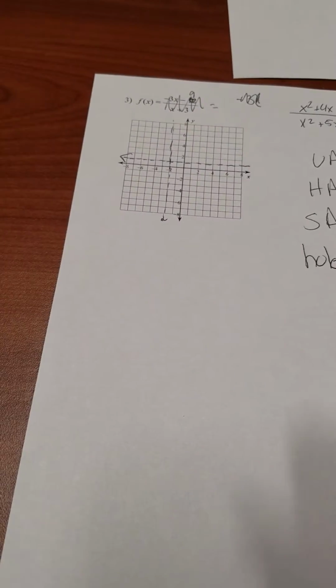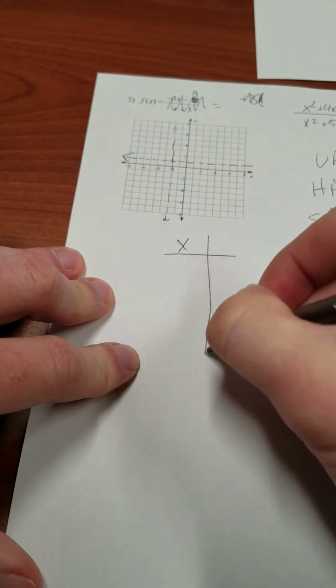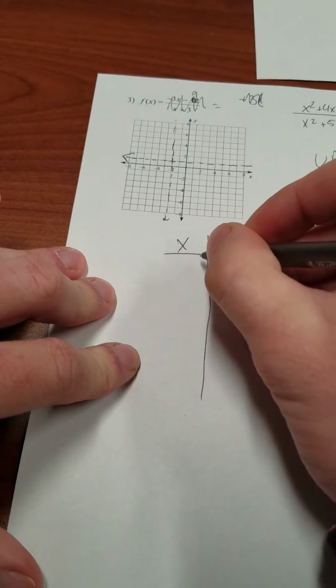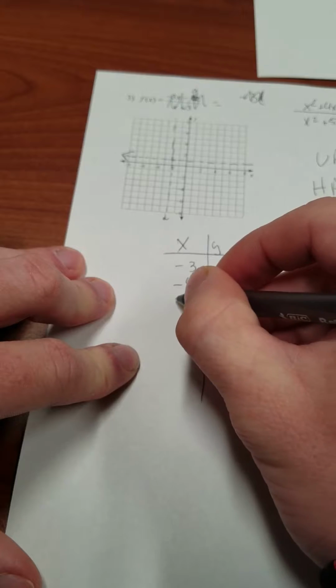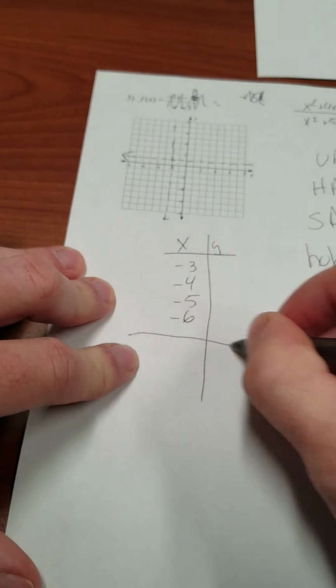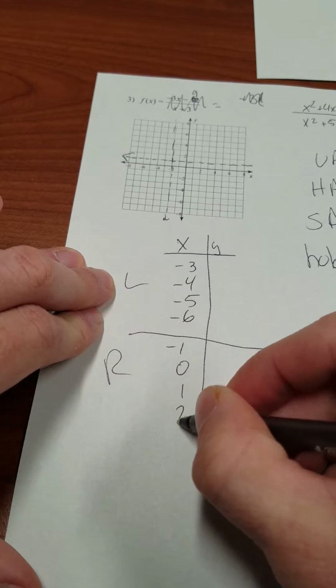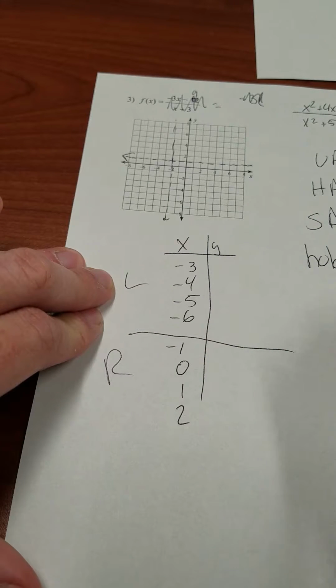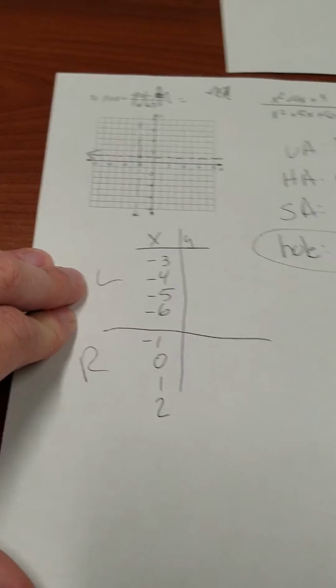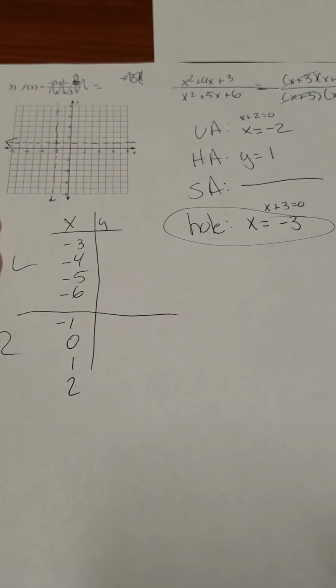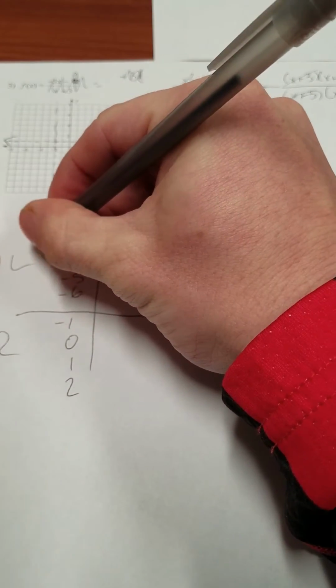Now, this is where you've got to be smarter than your calculator. All right, so we're going to create our t-table. Points to the left: -3, -4, -5, -6. Points to the right: -1, 0, 1, 2. Now, right here is something very important. You have a hole at -3. So next to -3, I want you to put an open circle.